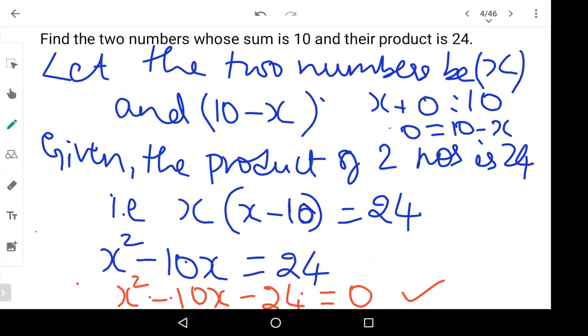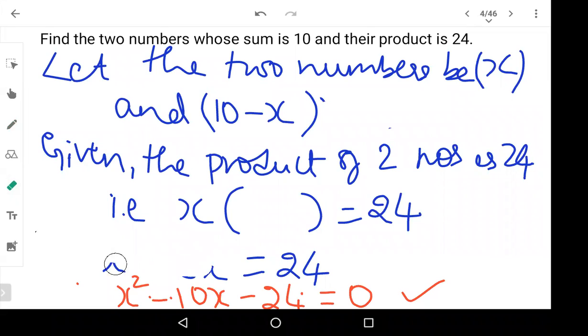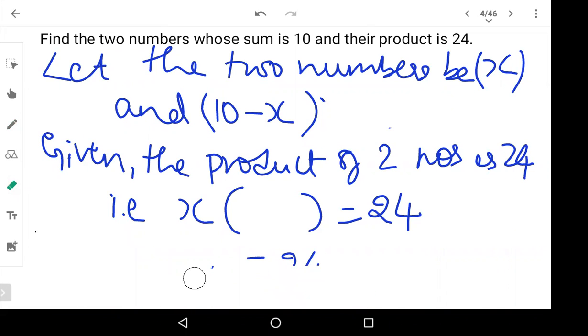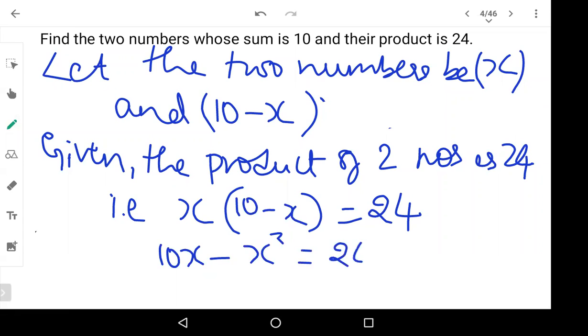If this is 10 minus x, here also it will be 10 minus x. So you'll get 10x minus x square is equal to 24. So you will get 10x minus x square minus 24 is equal to 0.